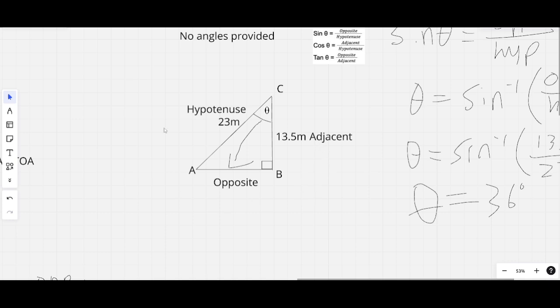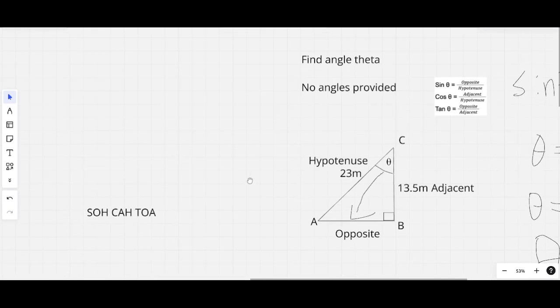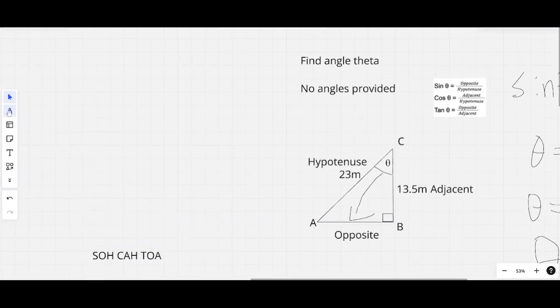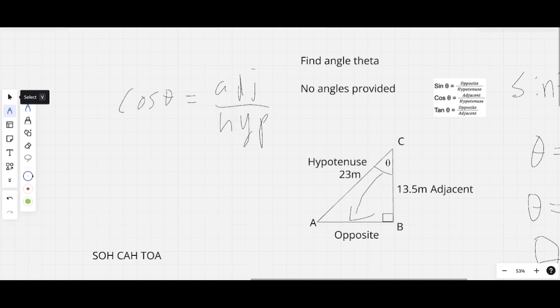So if you're solving it like this, that means we're not using the ratio sine theta, we're actually using the ratio cos theta. Now, of course, I will do this example right over here. So cos theta is equal to our adjacent divided by our hypotenuse.